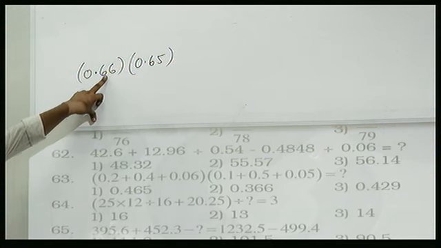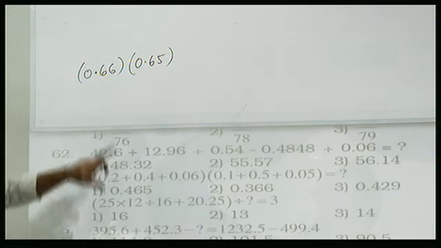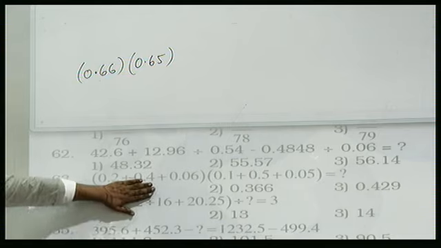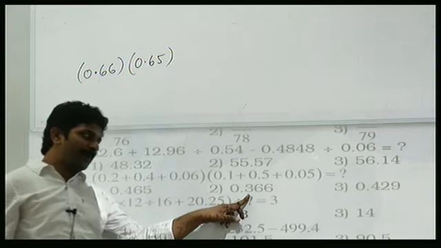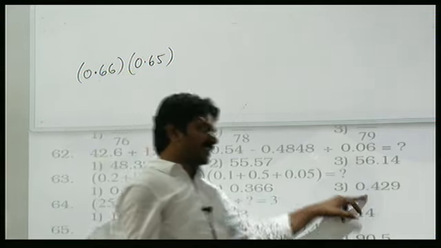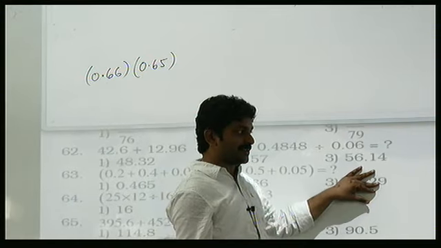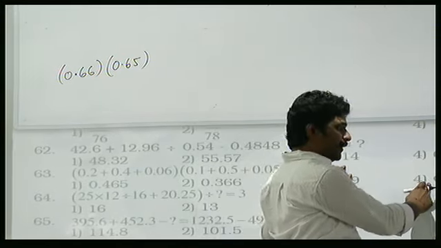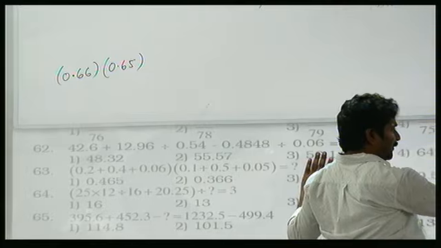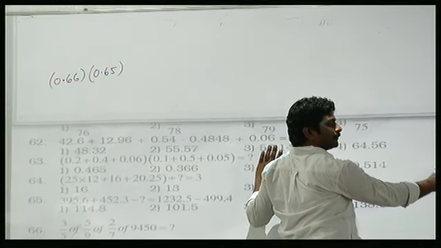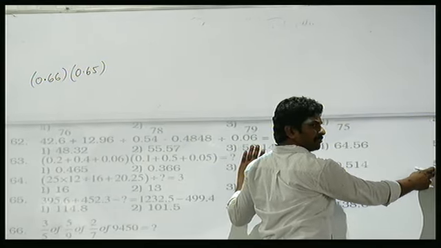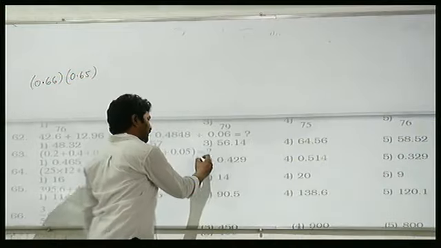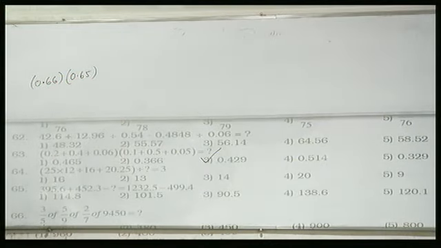The answer should be an 11 multiple. Is this an 11 multiple? No. Is this? No. Is this? Yes, that can be your answer. Is this? No. Is this? No. The only 11 multiple is 0.429. That's the final answer.